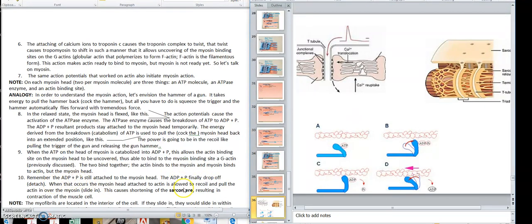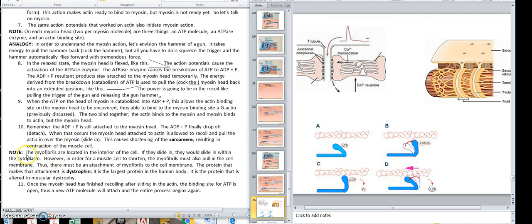When they drop off, the myosin head attached to actin is allowed to recoil, to pull in and slide the actin over the myosin. This causes shortening of the sarcomere, resulting in contraction of the muscle cell.